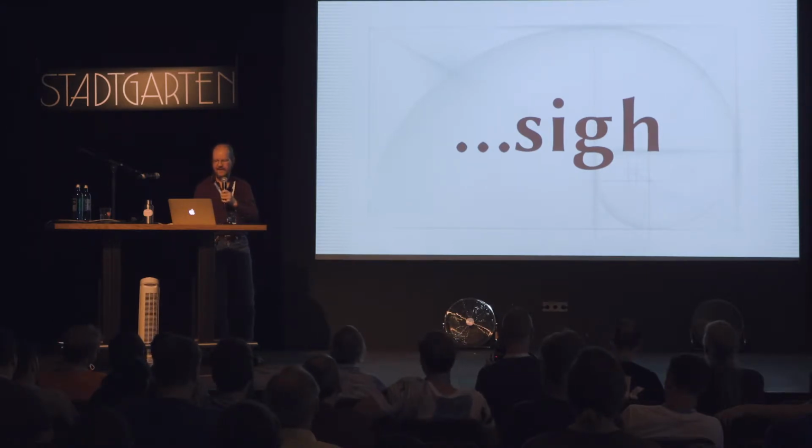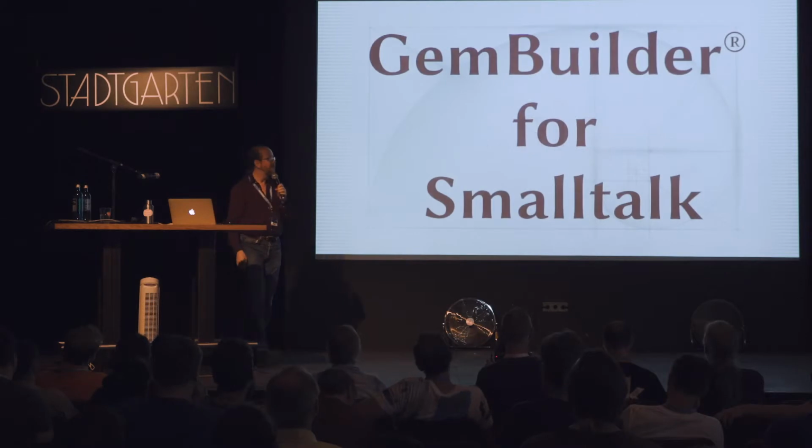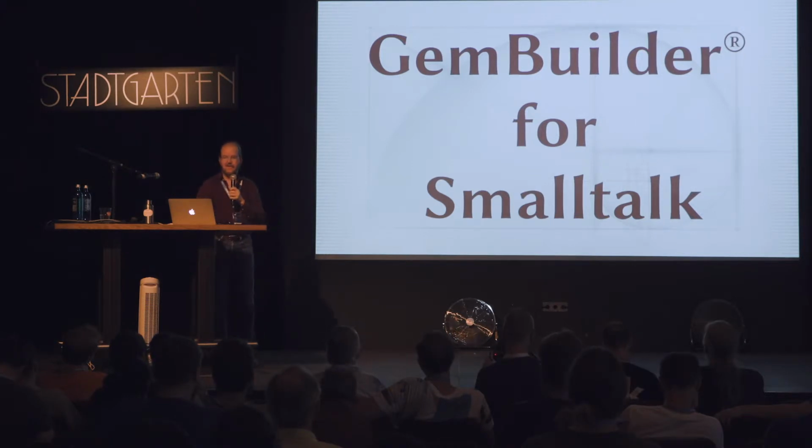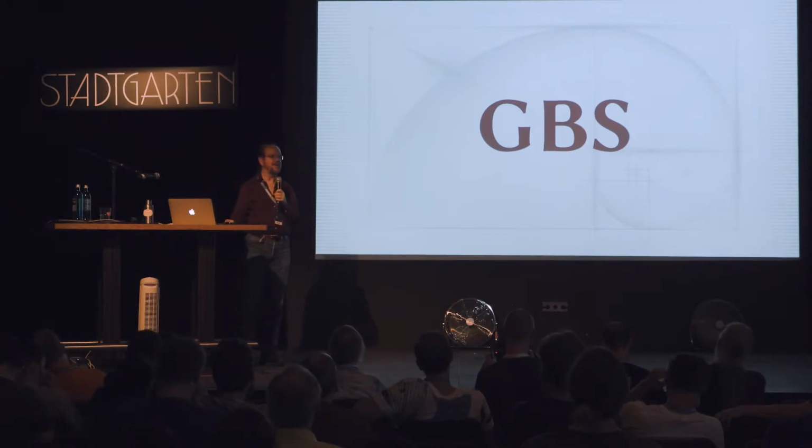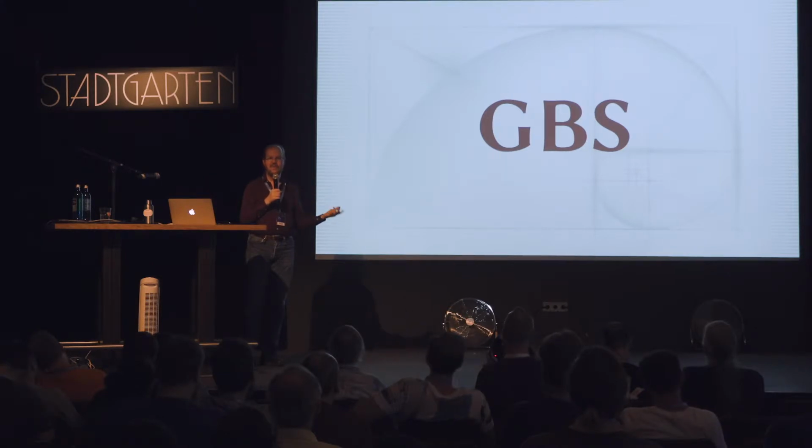I have to. The reason I have to is this product that we have called GemBuilder for Smalltalk. This is also known as GBS, which is how I refer to it throughout this talk. It's a special purpose distributed object system. It works between a VisualWorks or VA client to a GemStone server.